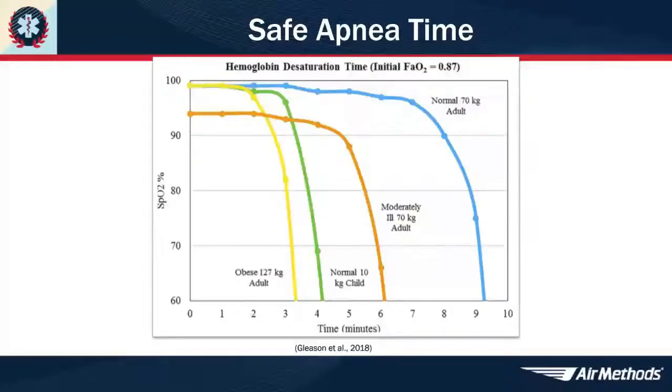So that's why we shoot for that 93 mark. Notice the green line there is for a 10-kilo child. Not going to have as much time with those as we are with a normal healthy adult, and even less with our obese patients.